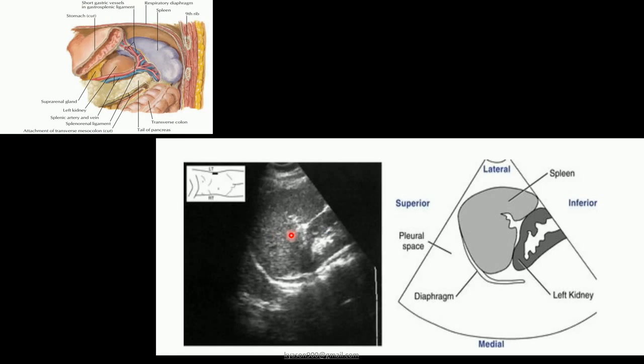These two structures appear differently. This one appears a bit bright. This one appears darker. So there is a difference in the texture of these structures. Of course, there are more terms that you will learn as you continue with ultrasound, like homogeneous, hyperechoic, isoechoic.